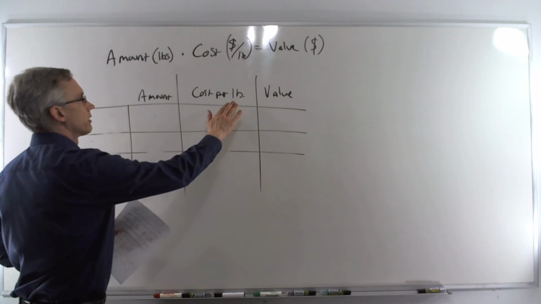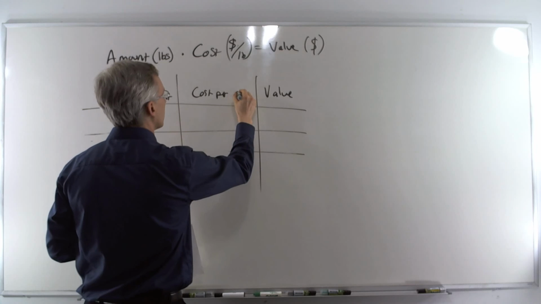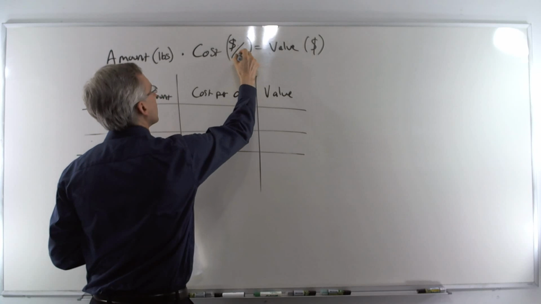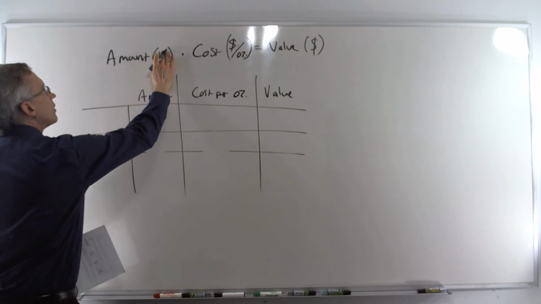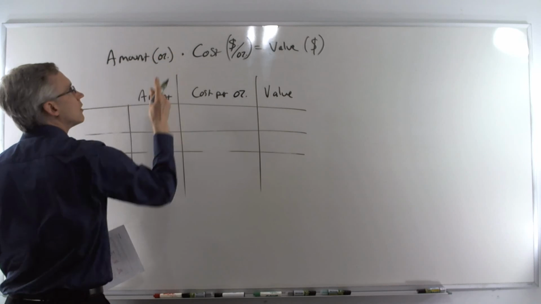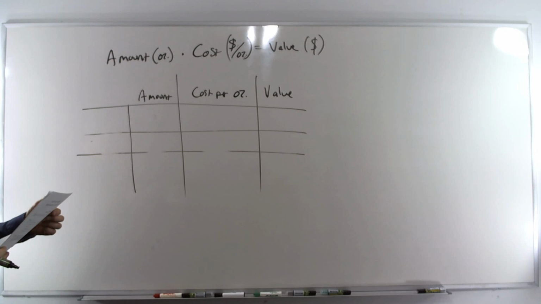And instead of cost per pound, we have cost per ounce. Let's fill in what we know. The question asks for how many ounces of the premium alloy, the more expensive alloy, do we need?